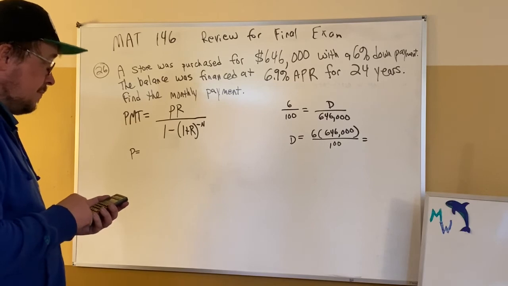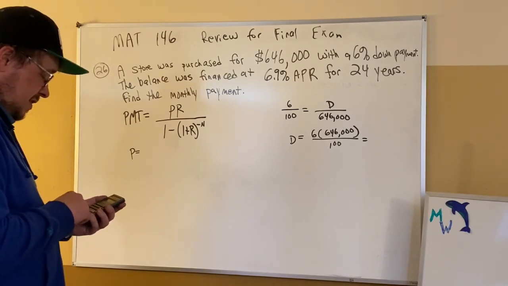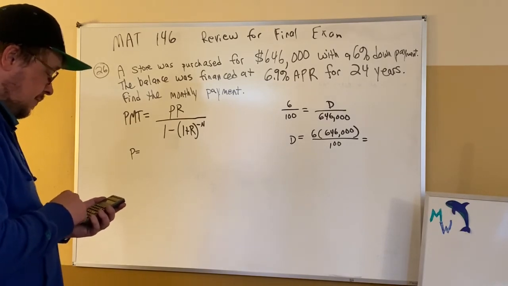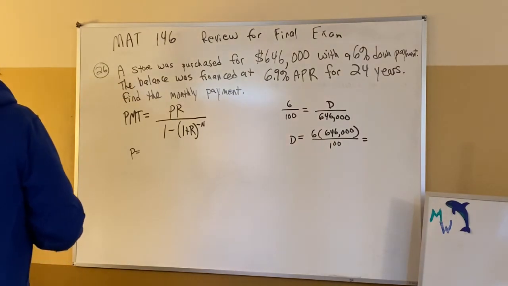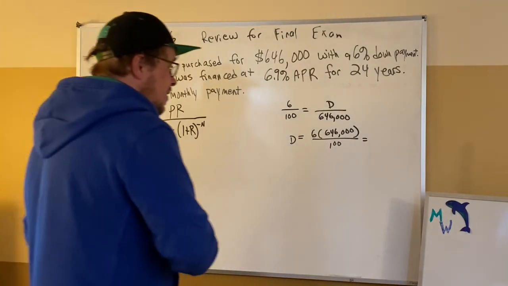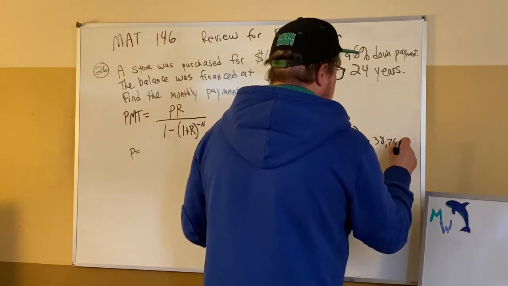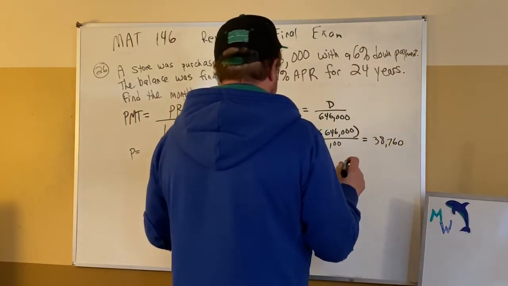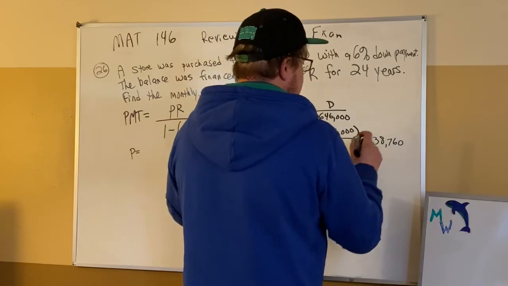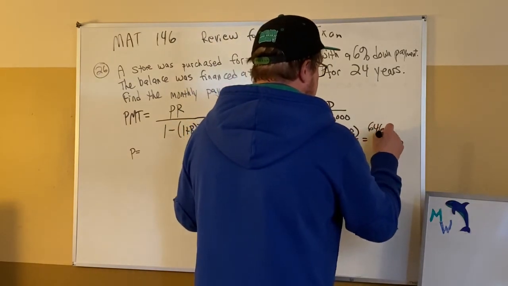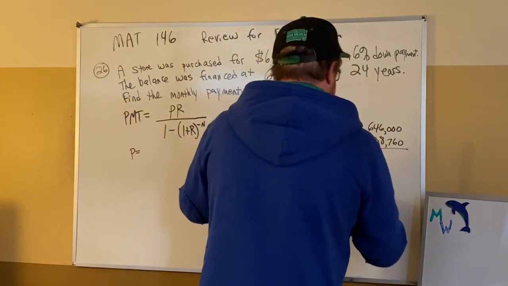646,000 times 6 and divide by 100. That's $38,760. And now we need to take that off of the $646,000 to see how much is borrowed.